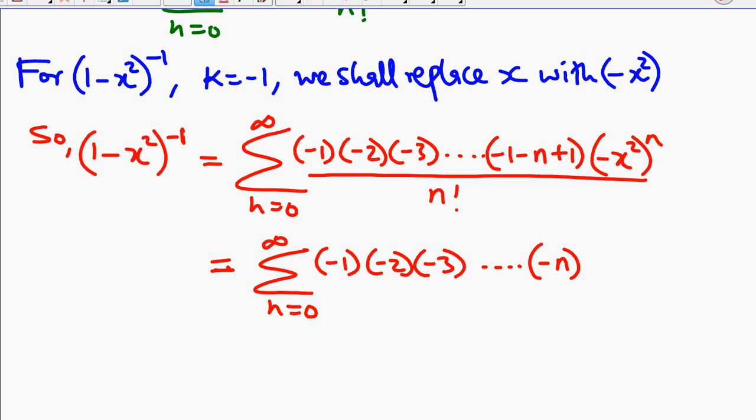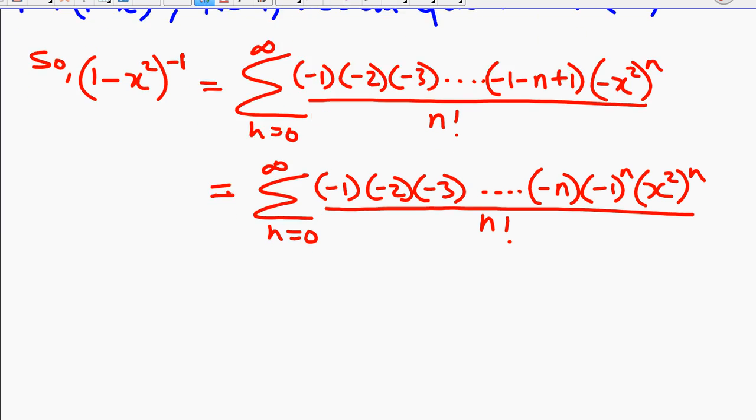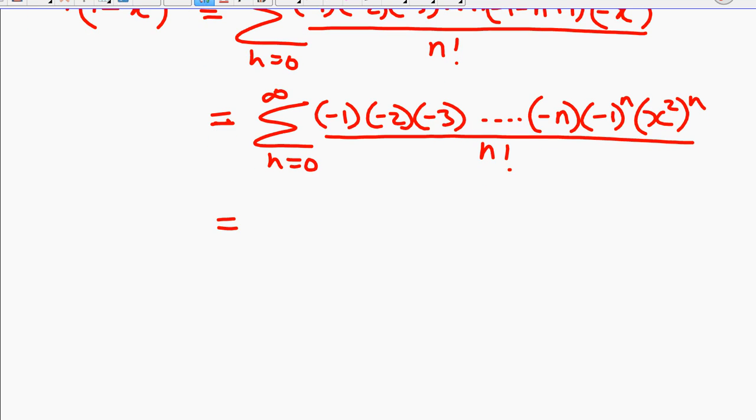And we can split this up: negative 1 to the power n, x squared to the power n, or x to the power 2n, over n factorial.